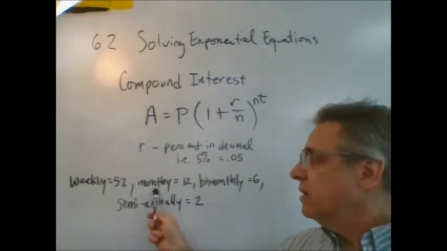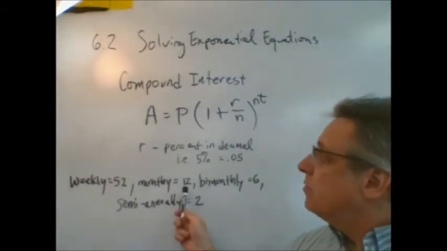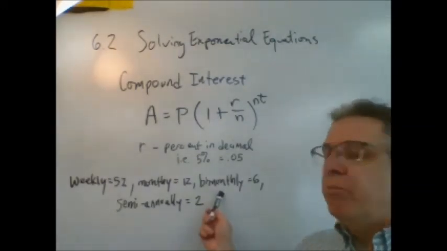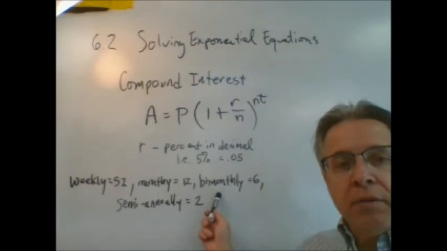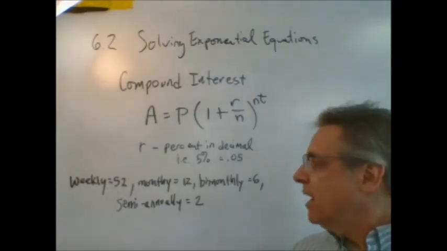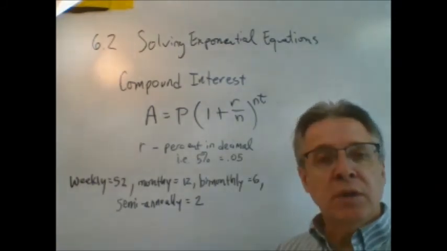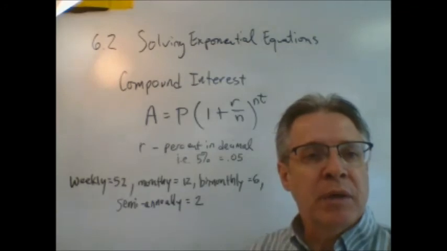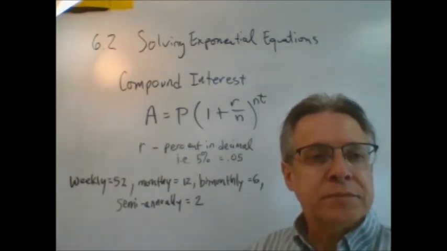If it's compounded monthly, then N is 12, because there are 12 months in a year. If they say the word bi-monthly, that means every other month, and so there'd be 6 of those periods a year. And semi-annually would be 2. So those are some simple ones, and maybe some that would trip you up if you weren't sure how to interpret them.